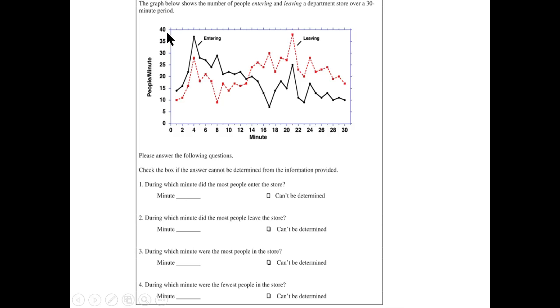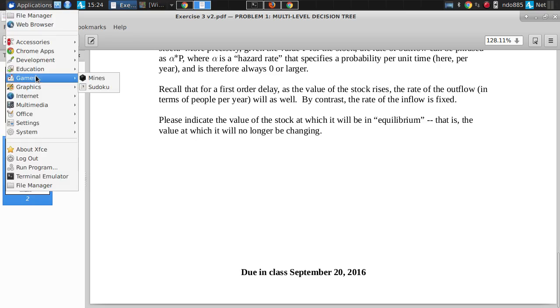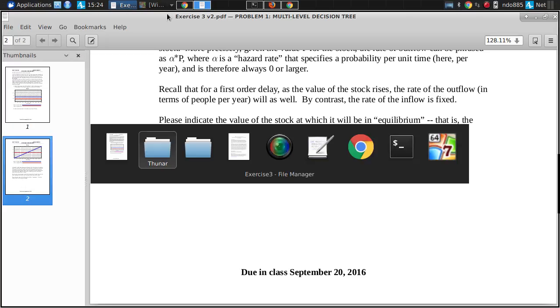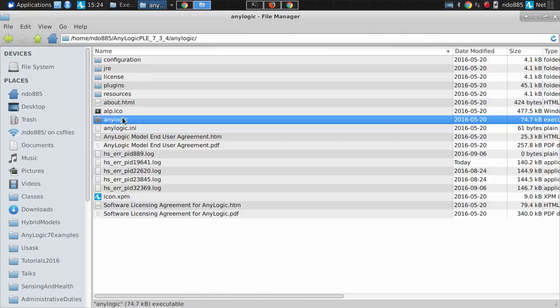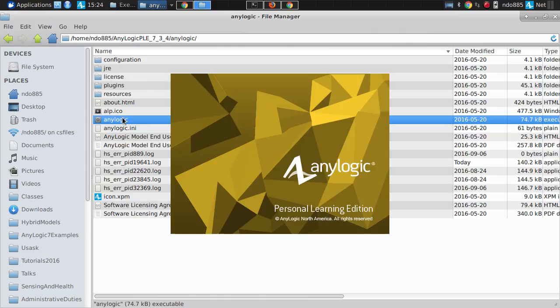Okay, it bit the dust. Okay, let me call up AnyLogic again. The Linux version of AnyLogic is known to exhibit problems where it will bomb out when you're changing the values of scenarios. I don't think that occurs on the Mac or the PC version, but it's an unfortunate truth.